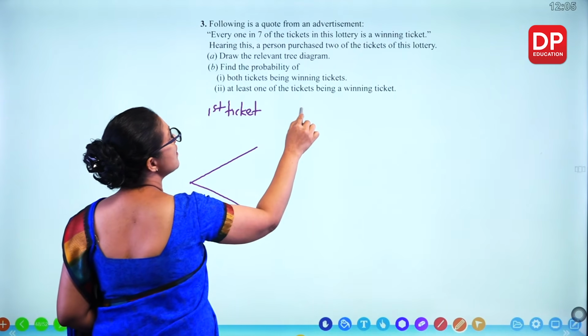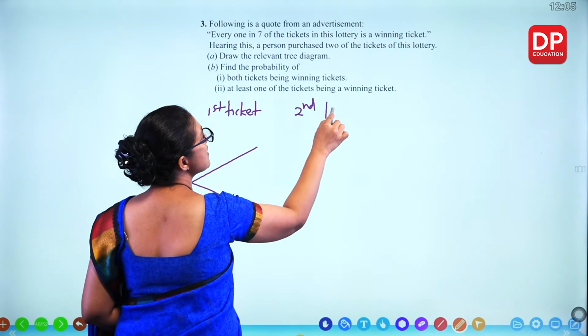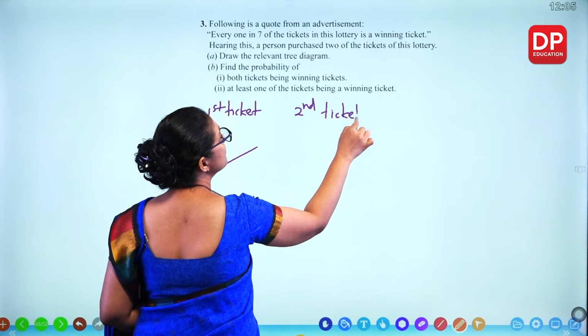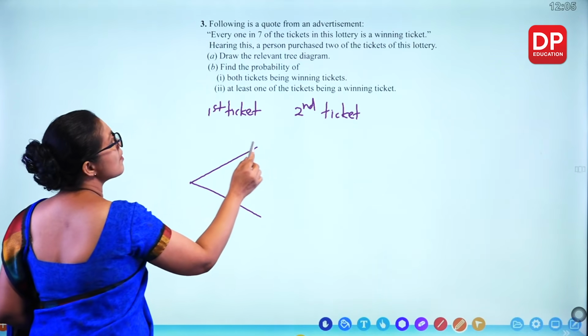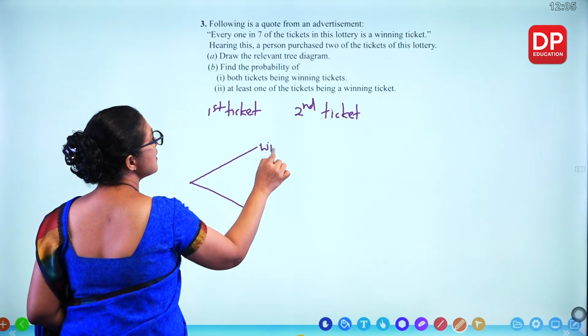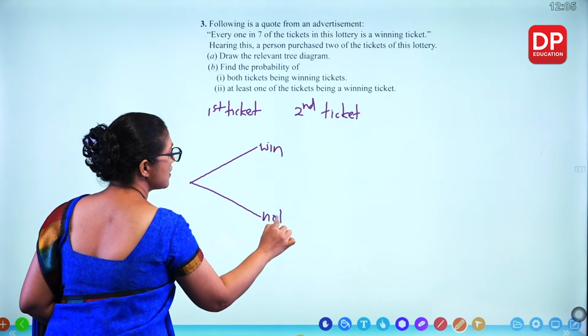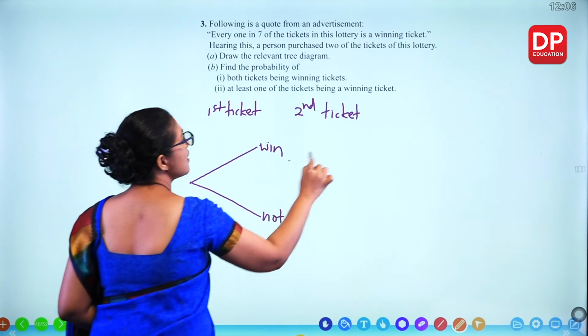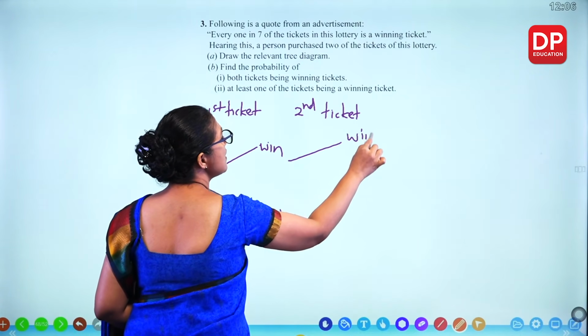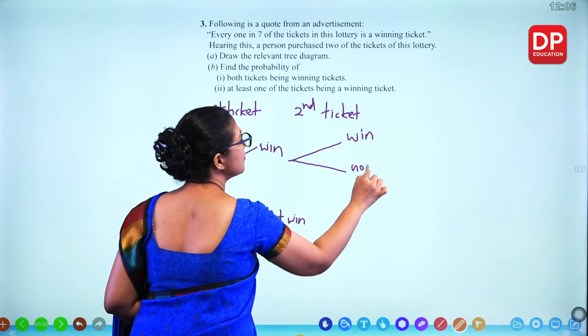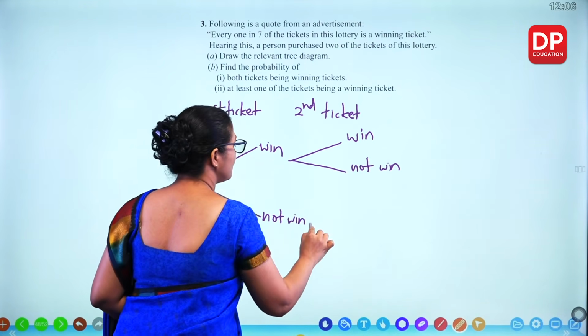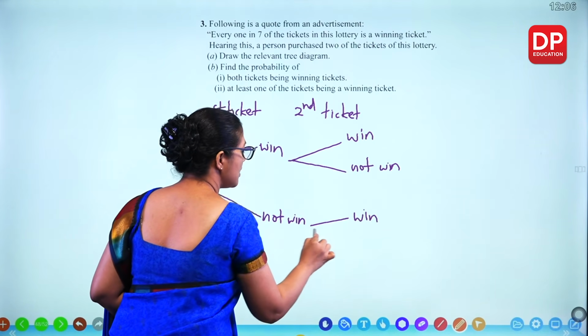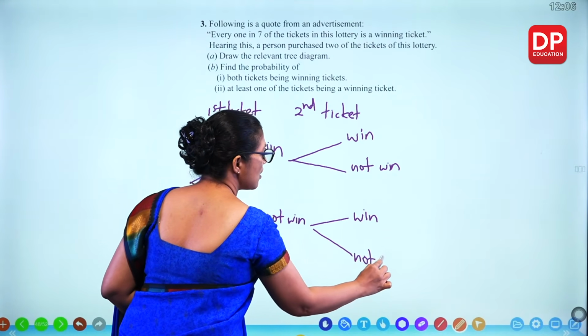And the second one, we can call it second ticket. Branches are winning, not winning. Again, this one winning, not winning, winning here, not winning.